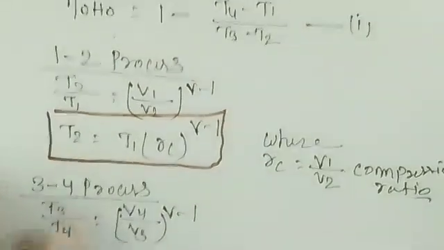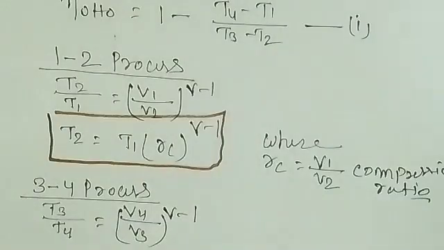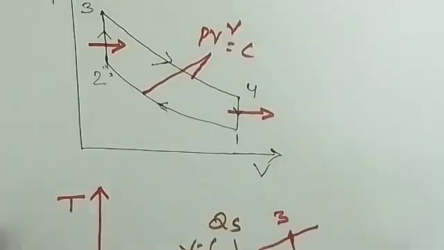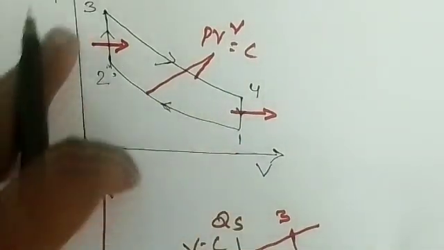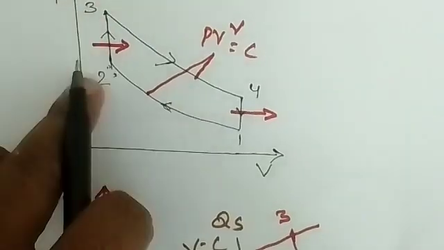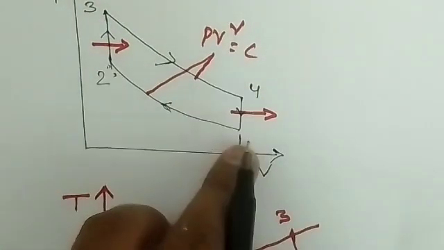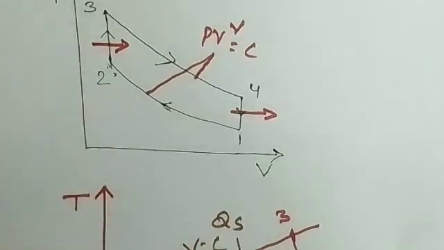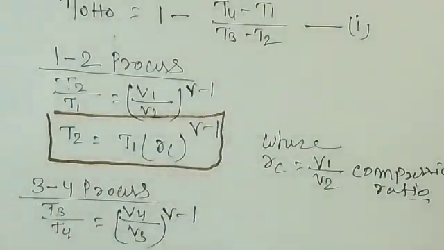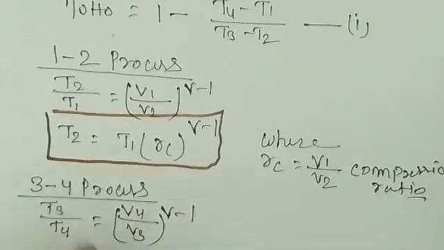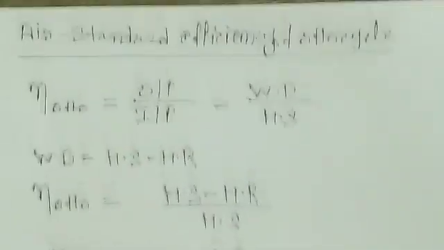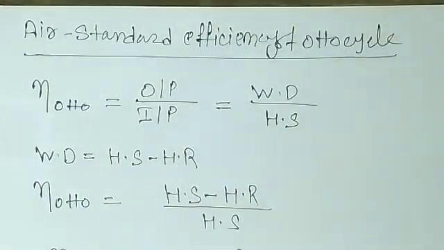But if you look here, this is the constant volume: V4 and V1, and V3 and V2, are constant volumes. So V4 is equal to V1 and V3 is equal to V2. Why? Because it is constant. So this equation will become V4 by V3 equal to V1 by V2, right? Let me change to the next page and then I'll show you.